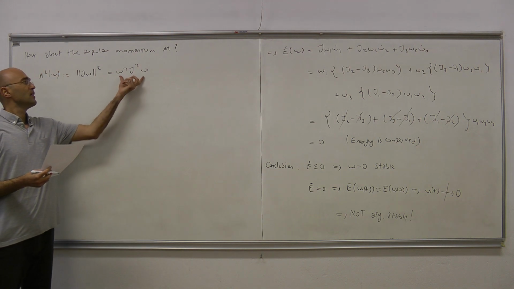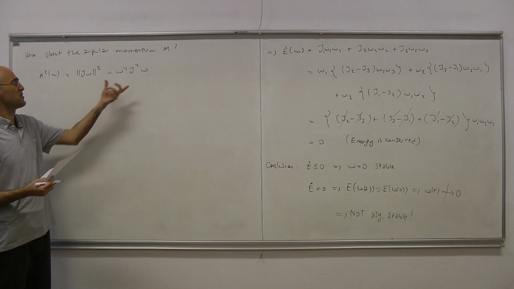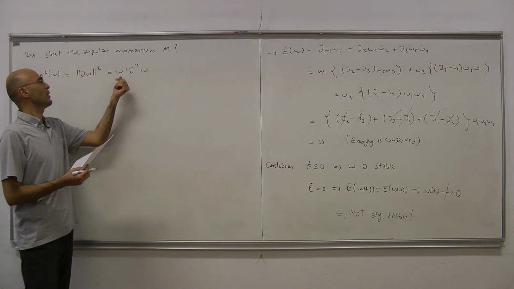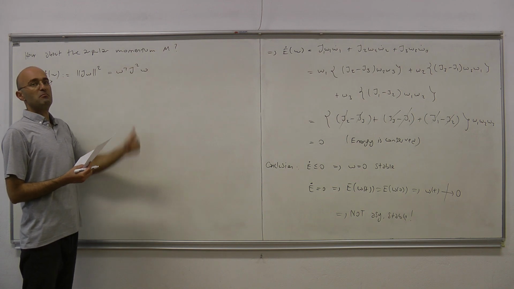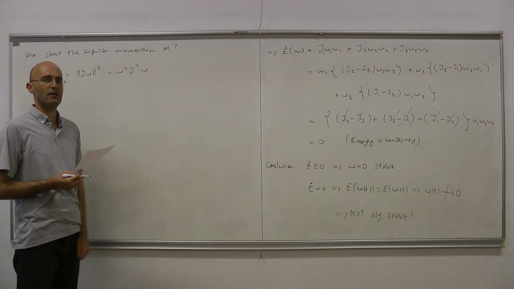Now, the form looks similar to the energy, but it's different in the sense that in the energy we had 1/2. Well, that 1/2 is not that important. We had omega transpose J omega. And then if you square the matrix in between, what you obtain is the norm square of angular momentum.